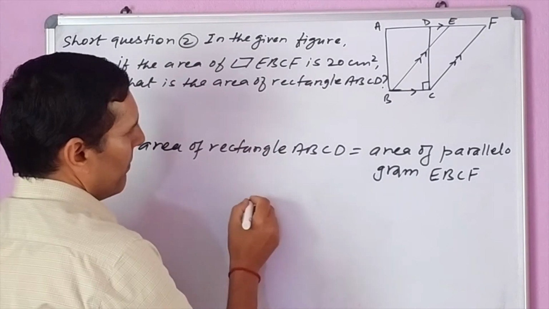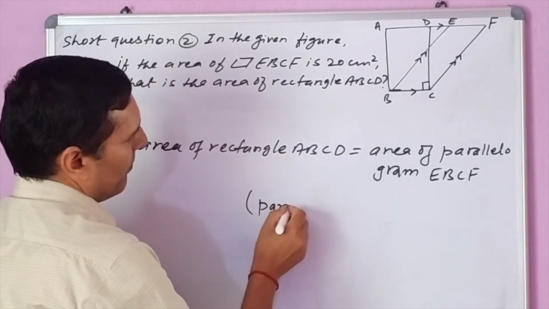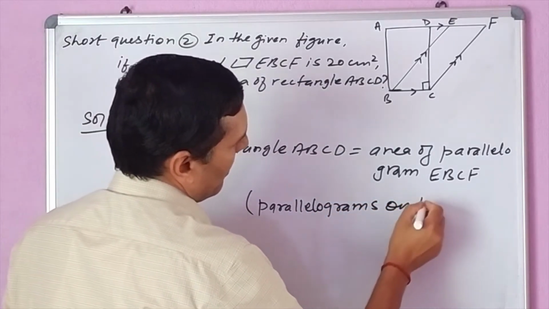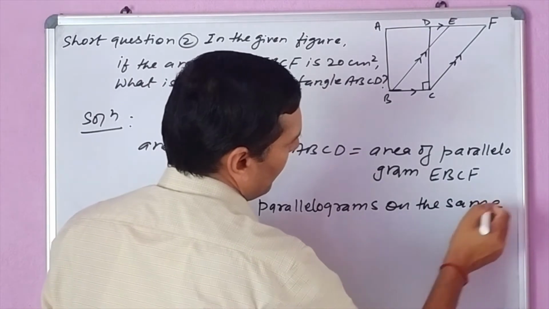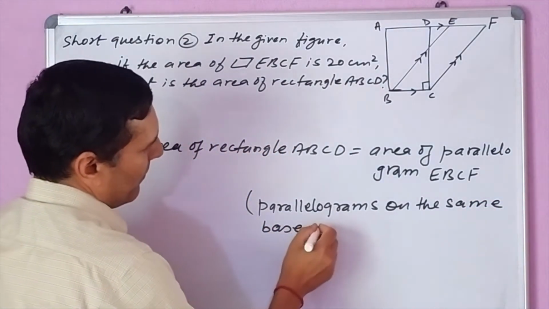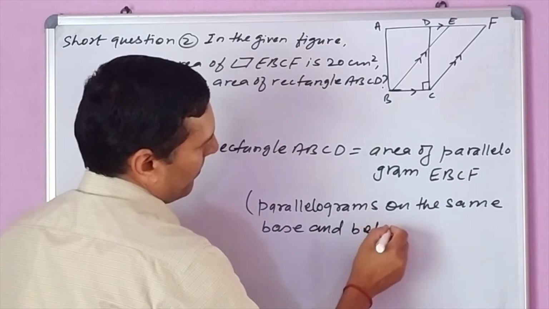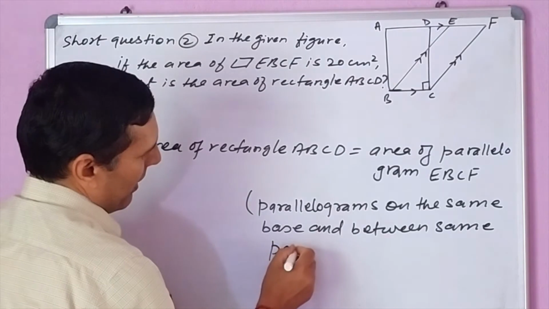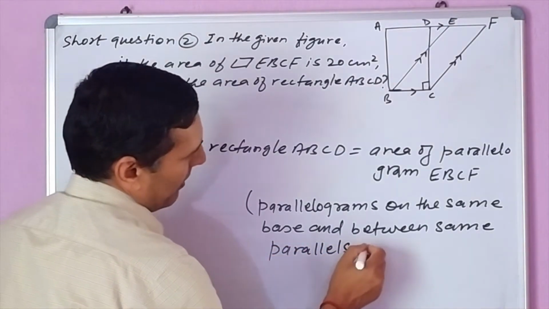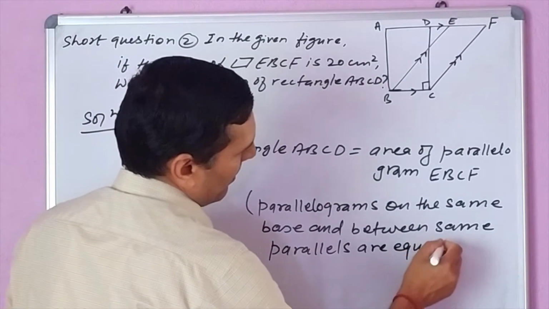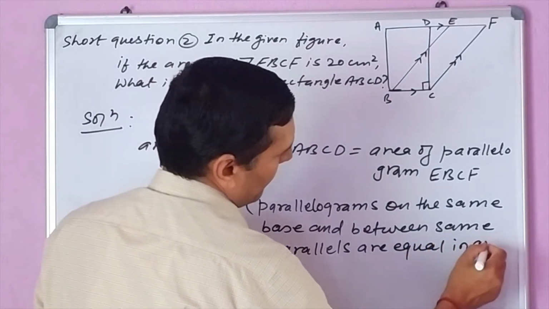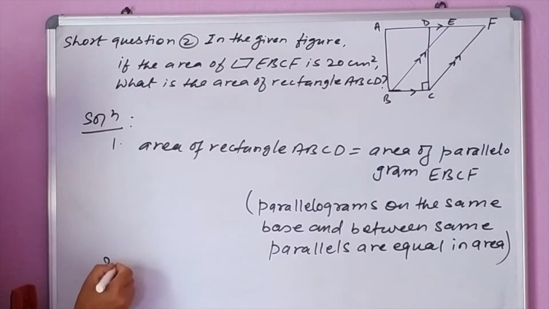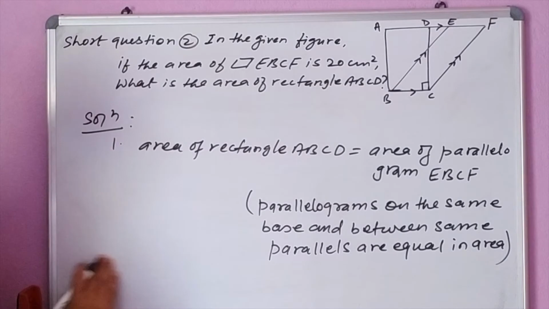You can write the reason: parallelograms on the same base and between the same parallel lines are equal in area. Number 1.